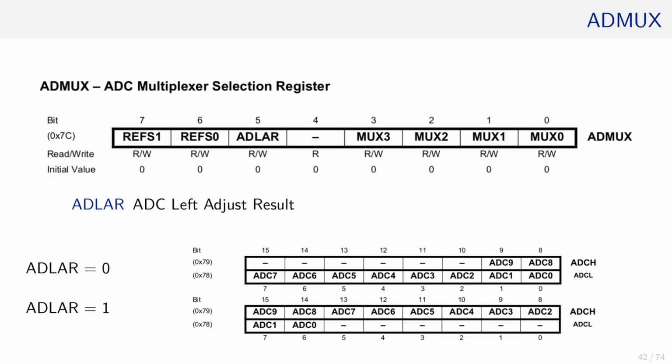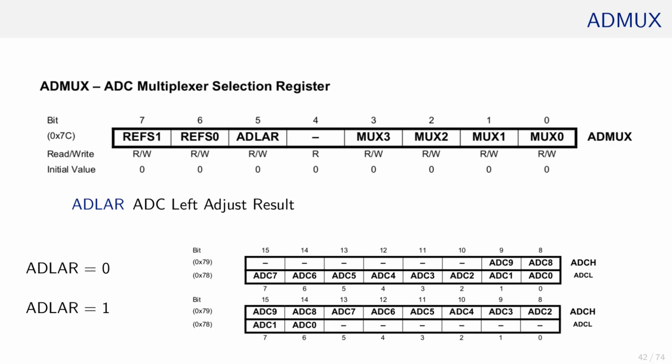The ADC returns an integer consisting of 10 bits, hence 2 registers with 8 bits each are required. Would you like the most significant bit of that integer to be aligned to the MSB of the higher byte in ADCH, or the least significant bit aligned to the LSB of the lower byte in ADCL?